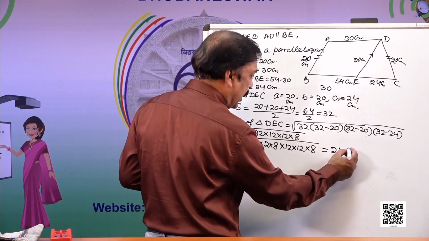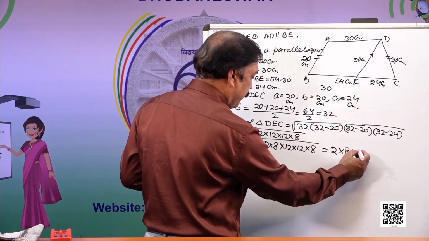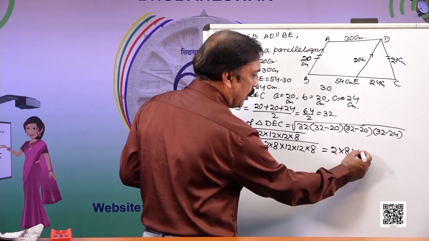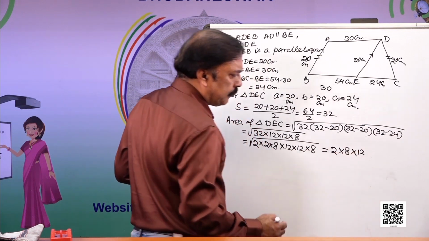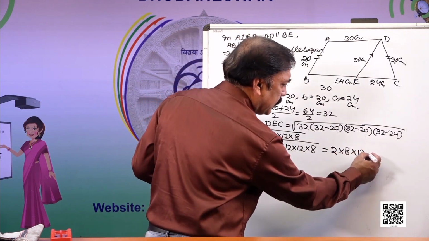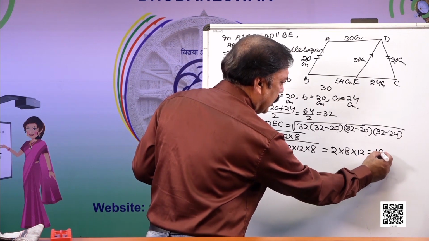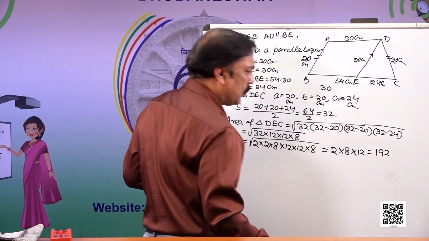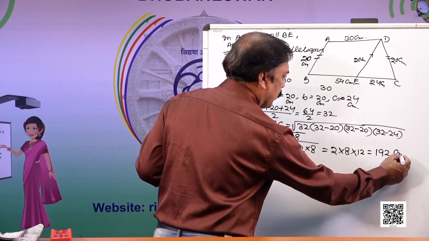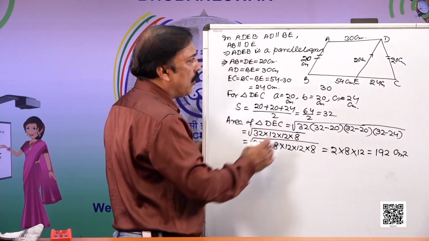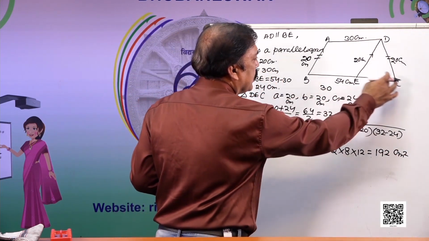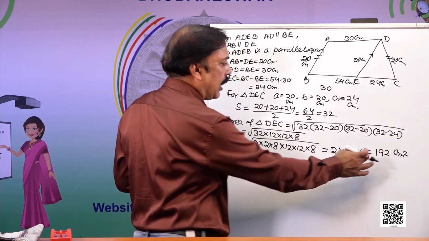Similarly, we have one 8 and we have one 12. And this gives the value 192 centimeter square. So area of this triangle DEC is 192.